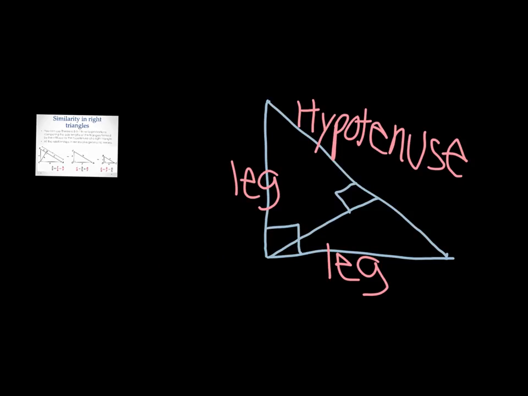So here we have a normal right triangle, and I labeled the hypotenuse and the legs. I drew the altitude right here, and by showing you this, I can see that there are now two separate right triangles here.